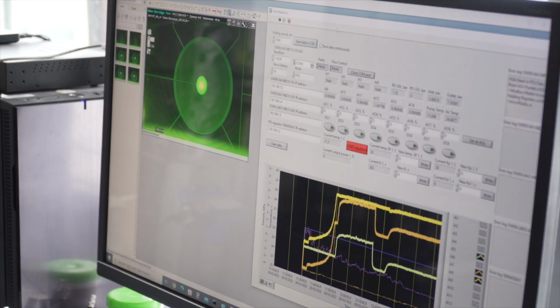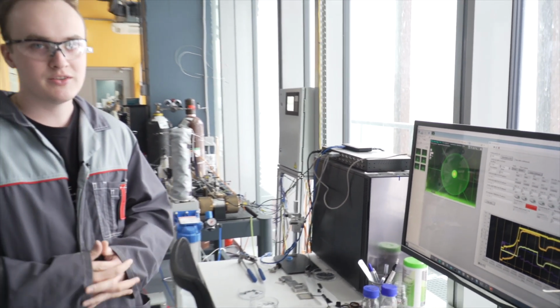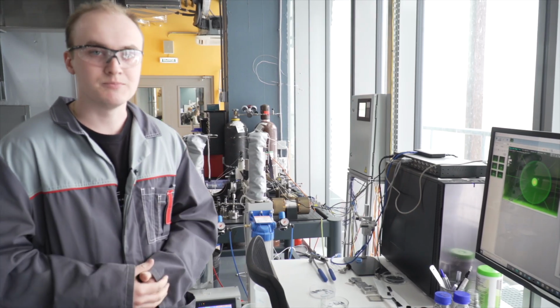So using this unique technology with artificial design of the microchip, we can prove to some investors or oil companies that this or that technology is efficient for a particular reservoir.